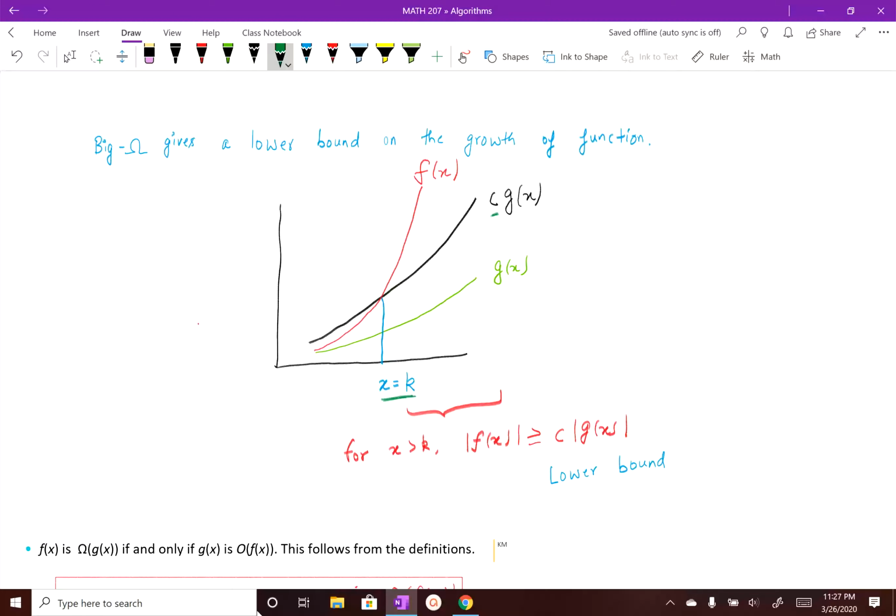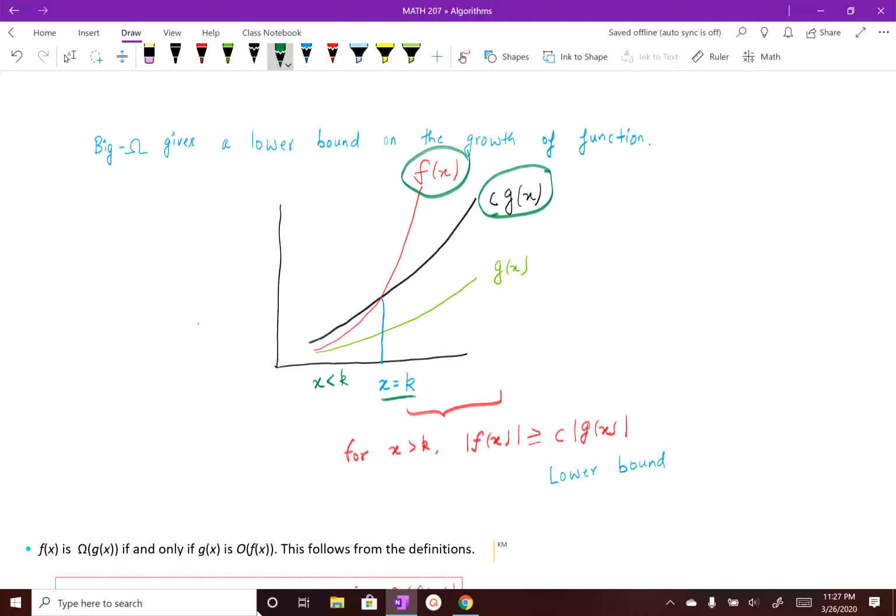If you notice the behavior of these two functions f(x) and c times g(x), in the region where x is less than k, the curve c times g(x) was dominating your given function f(x).